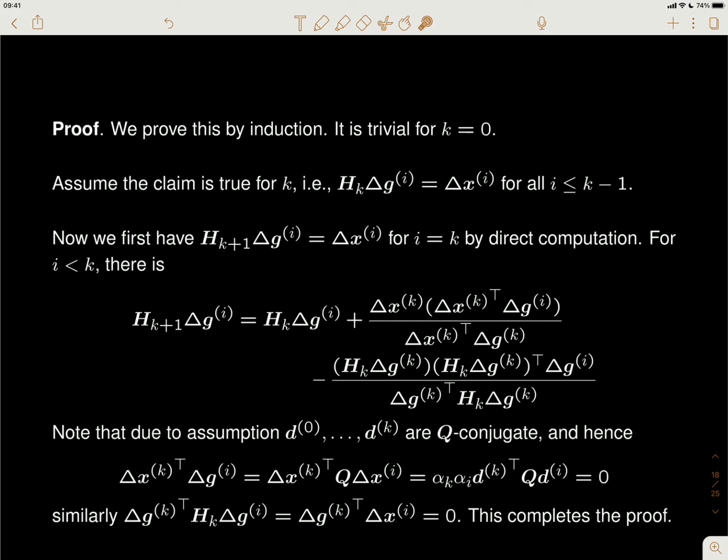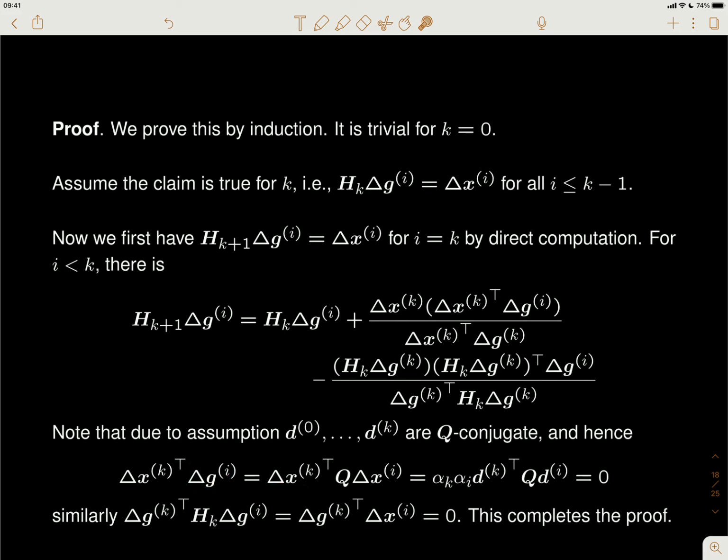We're going to use this fact to show that this side is nothing but delta x_i. Remember that delta x_k times delta g_i, where delta g_i is just replaced by this.